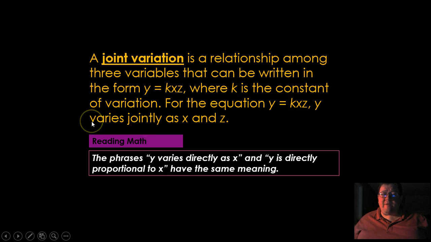You're looking for that phrase, y varies jointly. But this is exactly like our direct variation, except this time you've got one more variable. And just so you're familiar with these terms, the phrases y varies directly as x or y is directly proportional to x mean the exact same thing.